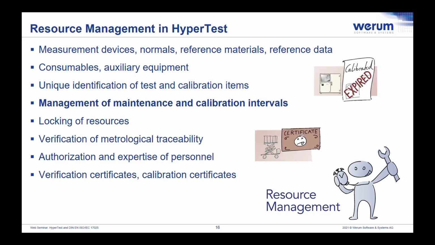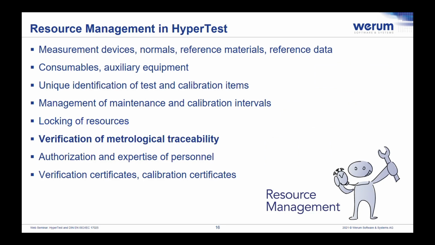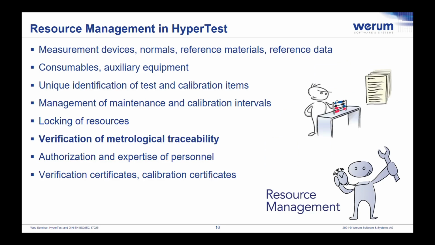If the test or calibration interval of a resource has expired, HyperTest can automatically lock the resource. It can also be locked manually by the staff. HyperTest also manages the documents on metrological traceability together with the resources.